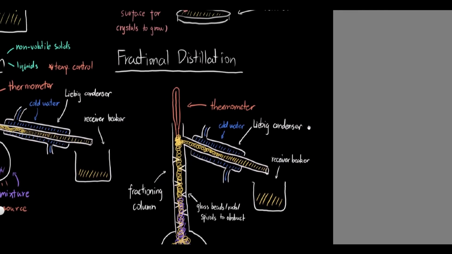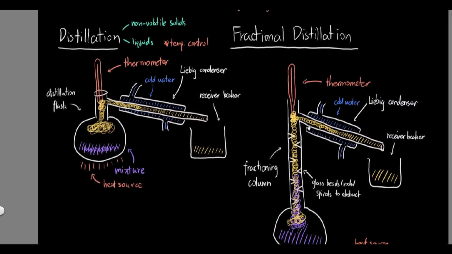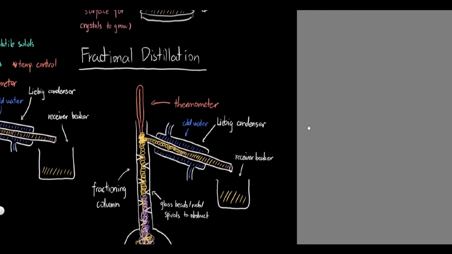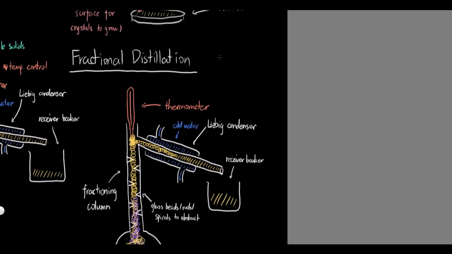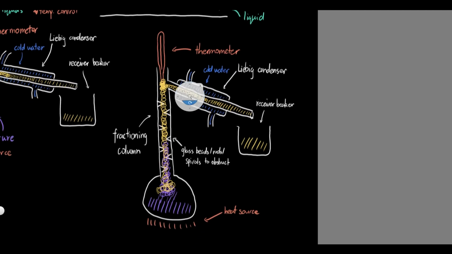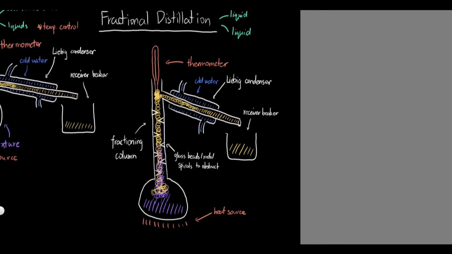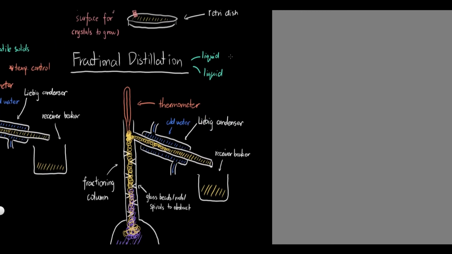And fractional distillation is very similar to the regular distillation, except it's used to separate two liquids. So liquid and another liquid. This can only be used if they have a high difference in boiling point.